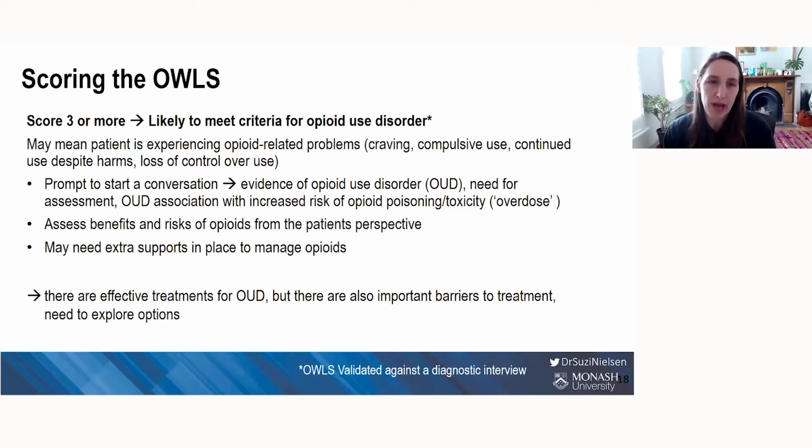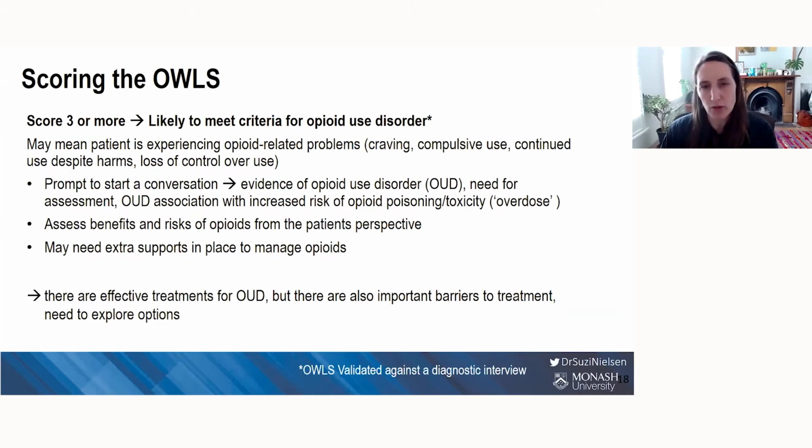We know that people who meet criteria for opioid use disorder are at an increased risk of opioid toxicity, or what's often called an overdose. They may need additional benefits and supports around their opioids. That might be more structured supply, so a staged supply where they're not getting a month's supply at a time, but maybe a week's supply at a time, so it's easier to manage those opioids.